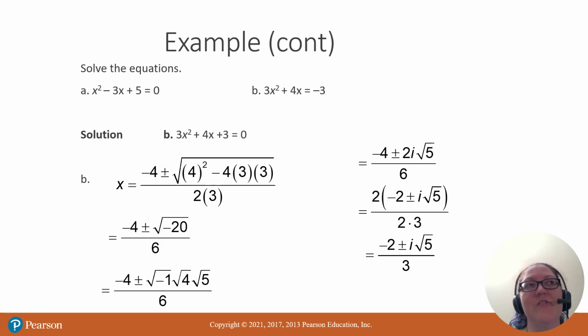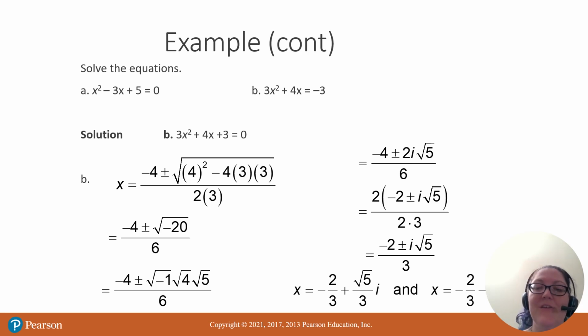Now, do you have to show that step? Absolutely not. If you can see what all three of them share in common, you can kind of quickly take that step and say, oh, they all share a common factor of 2, and then we're going to get negative 2 plus or minus i square roots of 5 all divided by 3. Okay? Again, you're still going to have the two different answers there.